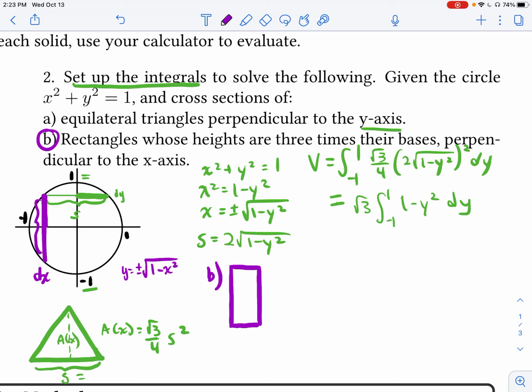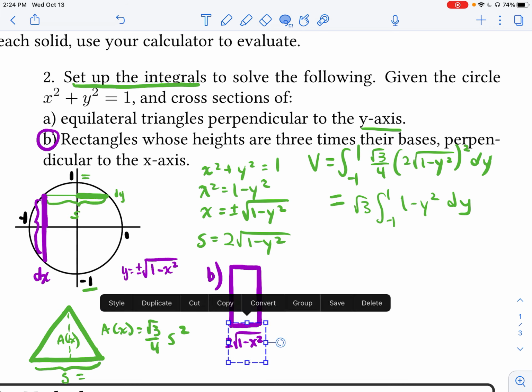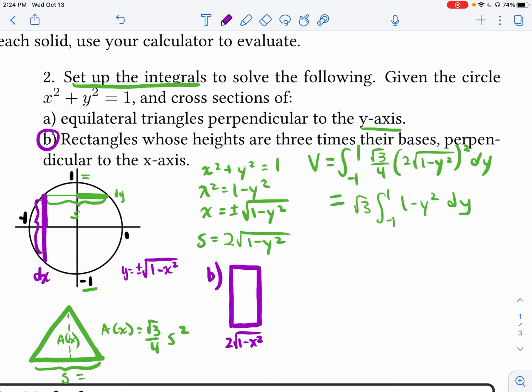So the same deal, to get this entire length, we need 2 times √(1 minus x squared). Let me move this over here, because we're told that the height of this rectangle is going to be 3 times that. So 3 times 2 √(1 minus x squared).